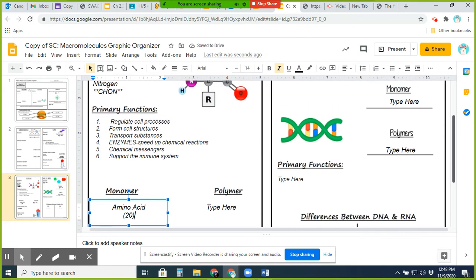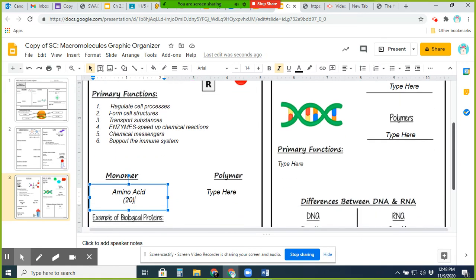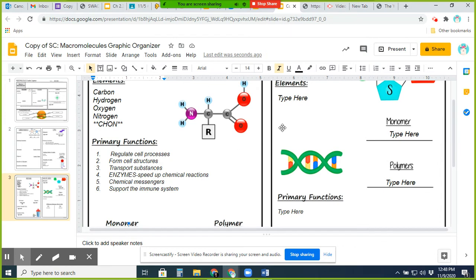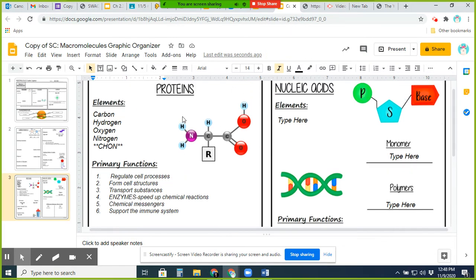So knowing now that this is an amino acid, I want to scroll back up here for a moment. This structure right here that we're looking at under proteins is a basic amino acid.